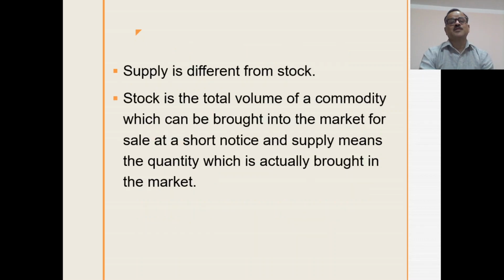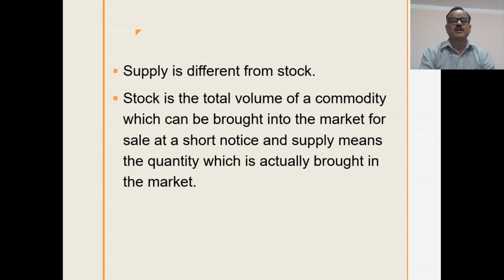Supply is different from stock, so we should not be confused with stock. Stock is the total volume of a commodity which can be brought into the market for sale at a short notice.